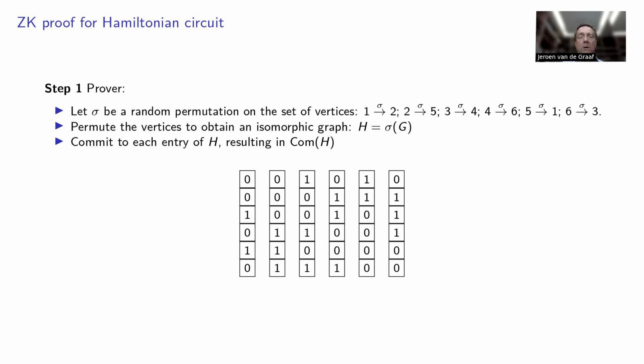So this is the commitment on H. Those are the commitments on the alternative graph, a commitment to each of the entries of the incidence matrix. So this is what the prover is going to send to the verifier.